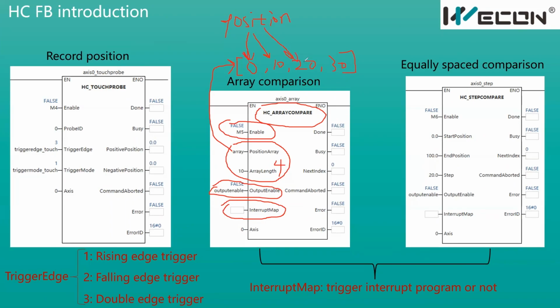And when the position achieves 20, and also 30, every time the hardware will output one time, and this interloop program will be executed one time. This is different because for this function block we will compare many times. It depends on the length of our setting area.